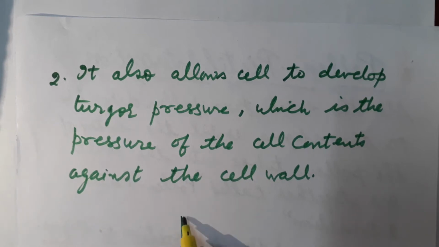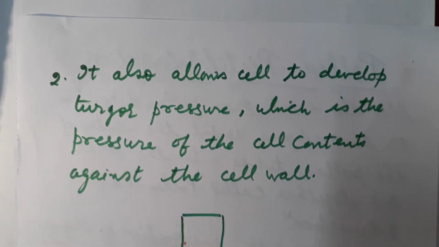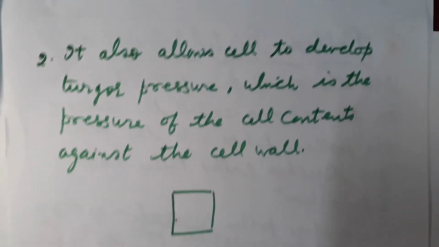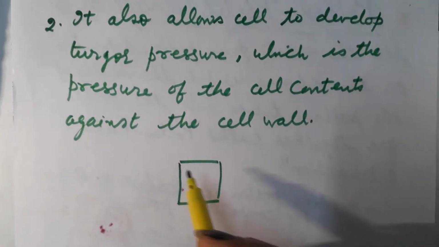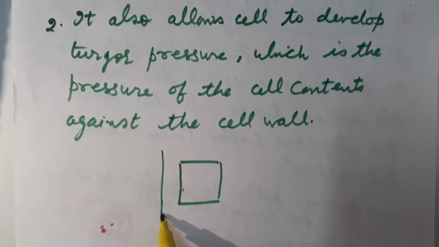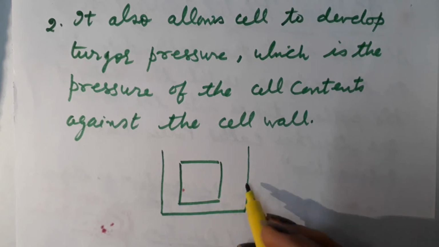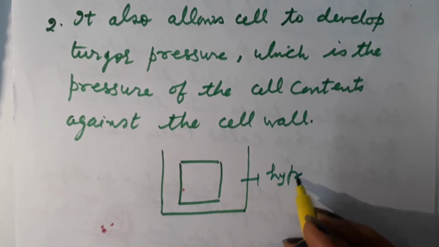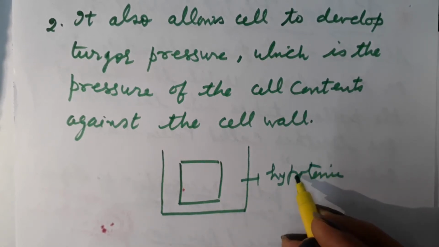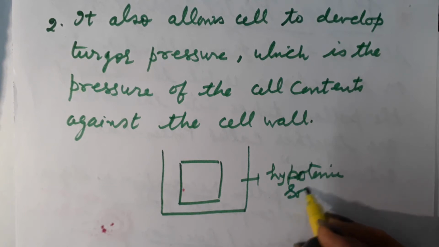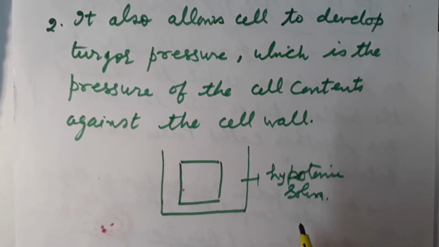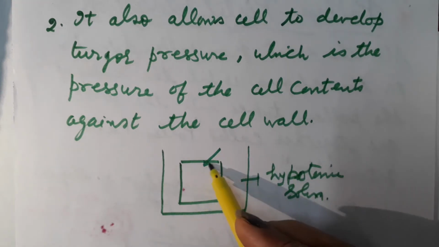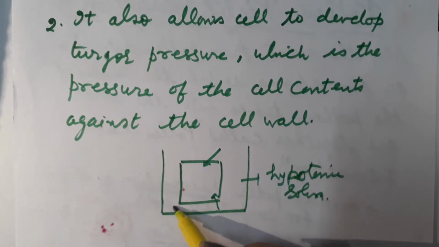If we place a plant cell, this is the plant cell. If we place this plant cell inside the hypotonic solution, what happens? Endosmosis takes place.